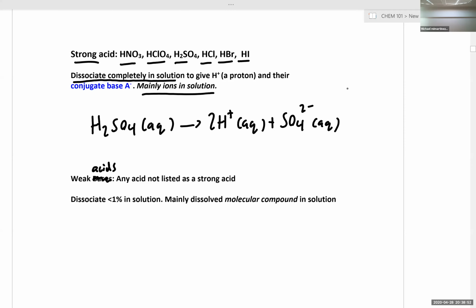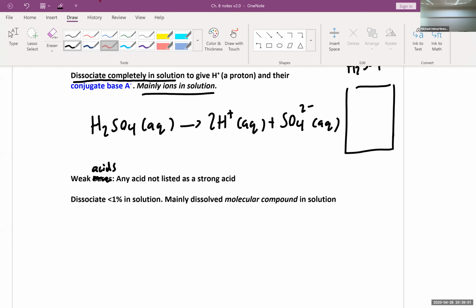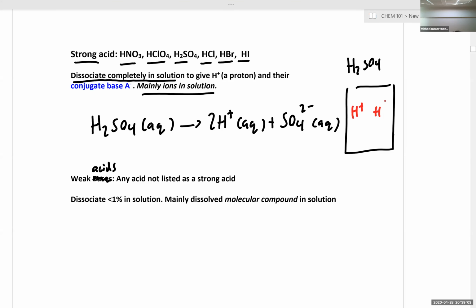So if we looked at a picture of a solution of sulfuric acid, we'd see overwhelmingly that we'd have ions in solution. We'd have almost only ions in solution. There would not be any dissolved molecular compound.